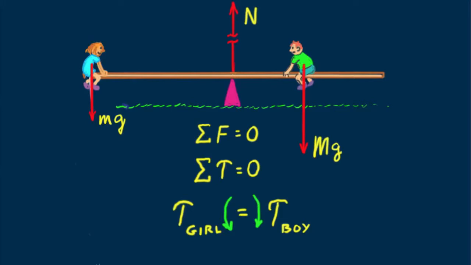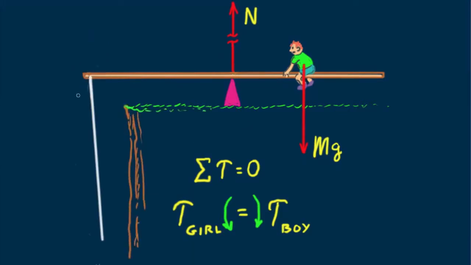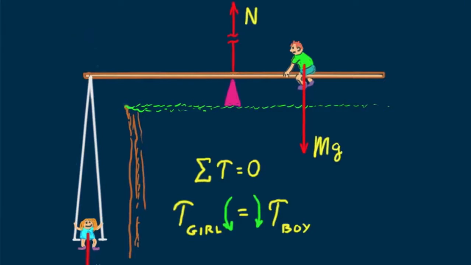Here's something interesting. Even if the girl hangs below her end of the seesaw, balance remains. Why? Because although she's farther away from the fulcrum, her lever arm hasn't changed. The lever arm is the perpendicular distance from the fulcrum to the line of action of the force she exerts on the seesaw.